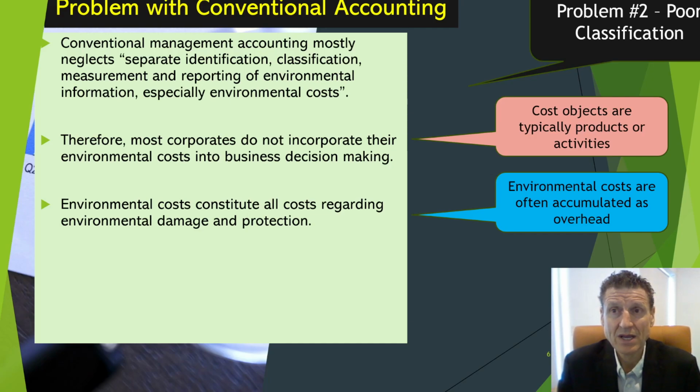So basically, if we want to understand poor classification, we need to understand what the cost objects are that we are attaching those costs to. Typically, we put environmental costs into a big basket and we call it overhead. We don't necessarily relate environmental costs with the actual manufacturing of a product, and so we put the costs of cleaning up around the factory so there's no runoff into the river or into the waterways.